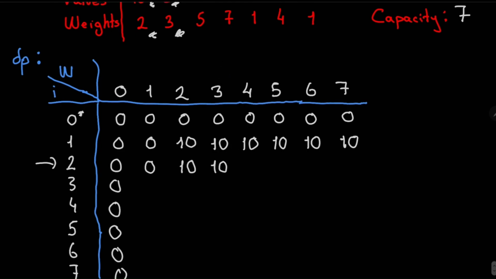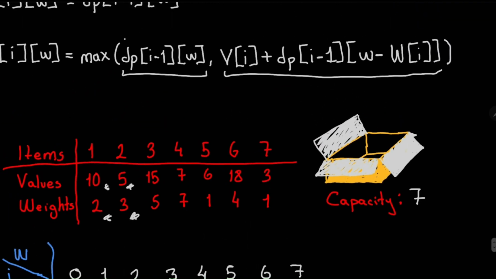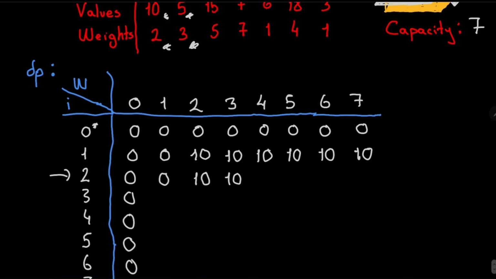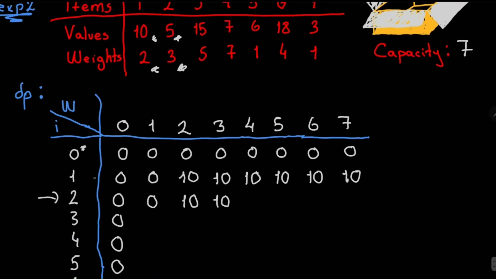What about when the capacity is 4? The previous row again is 10 and its value is 5. dp, this part is 1 and it will give 1, 1, which is showing us this right here, which is also 0.